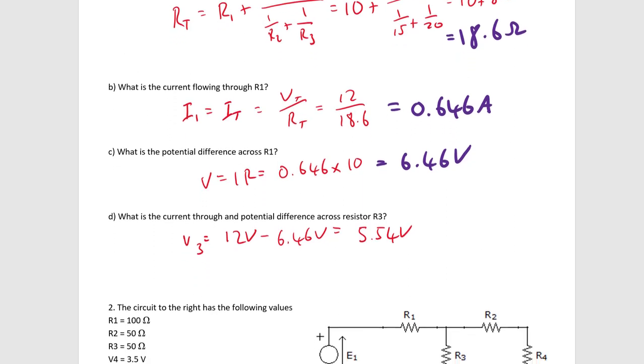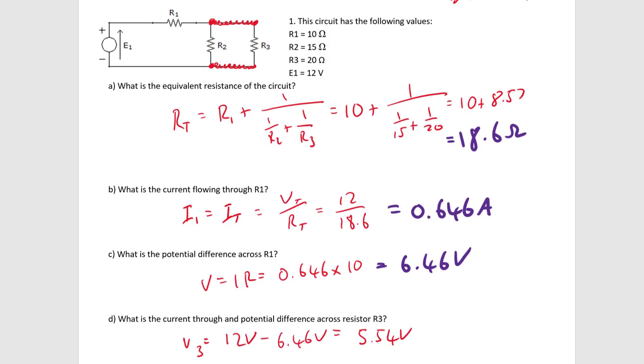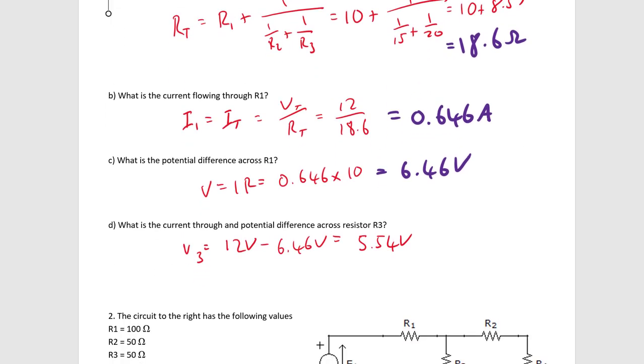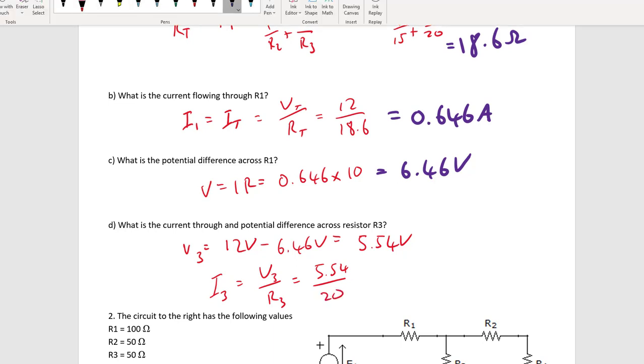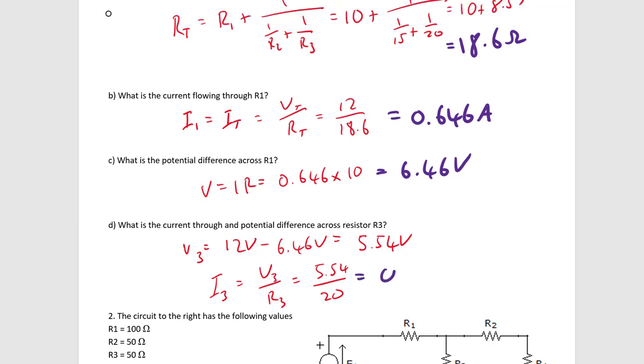Now that you know the voltage across R3, and the resistance is 20 ohms, the current is the voltage divided by the resistance. So it would be 5.54 divided by 20 ohms, and therefore that'll be 0.277 amps.